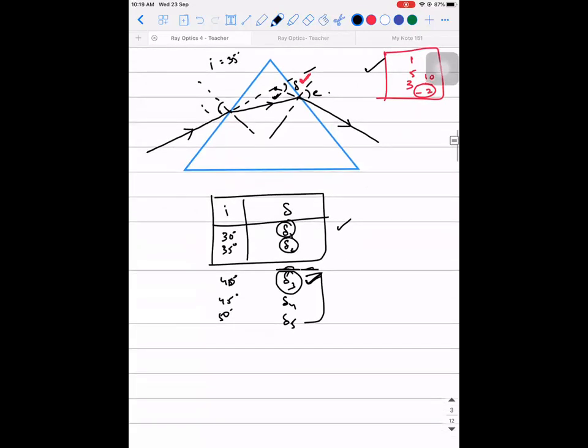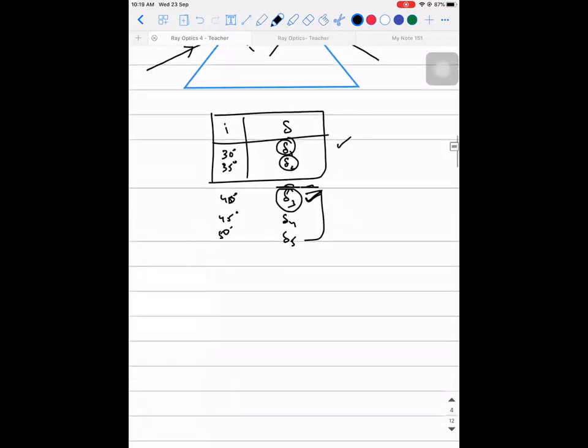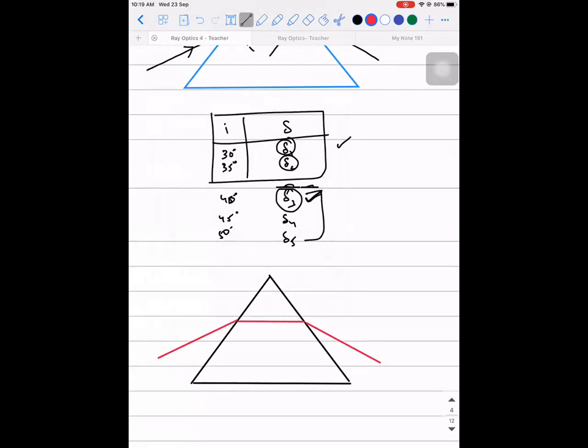If you observe, when you do this activity, we can clearly say one thing: when the incident light is like this and the emergent light is like this, how did I draw? Parallel.